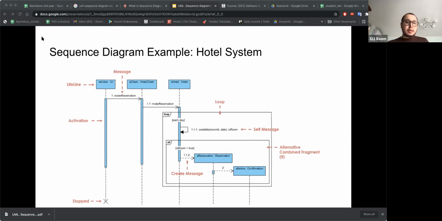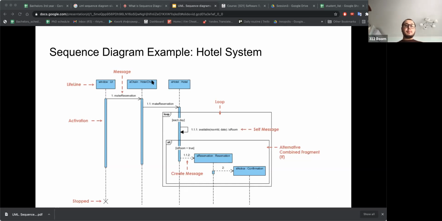If we put everything together, this is the overall picture of how you can represent a sequence diagram, in the example of a hotel system. On the horizontal axis we have objects. At the top we have the window, the UI object, the hotel chain or hotel.